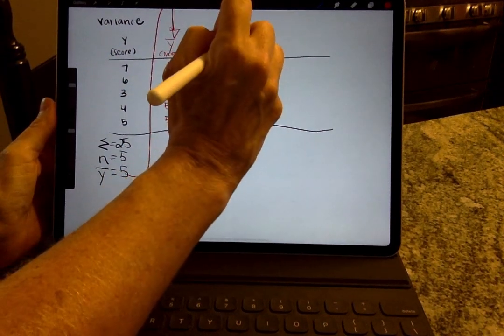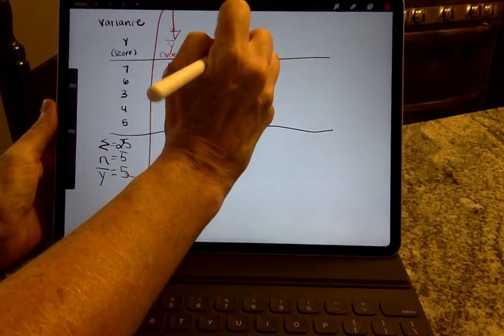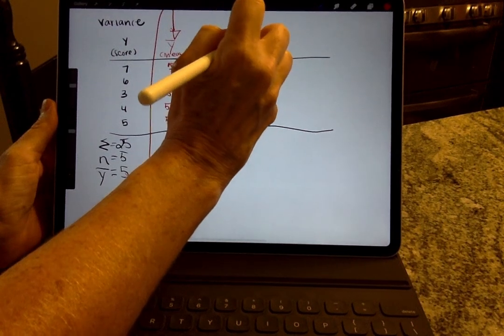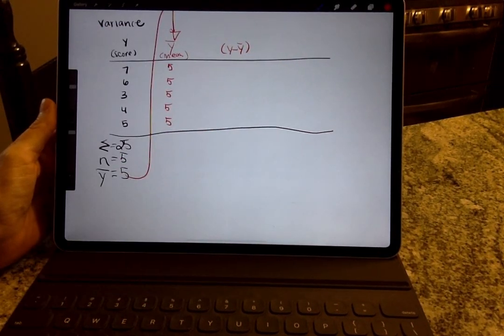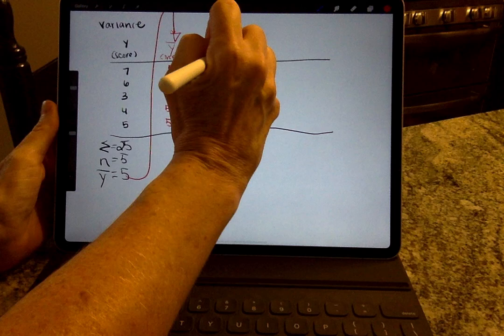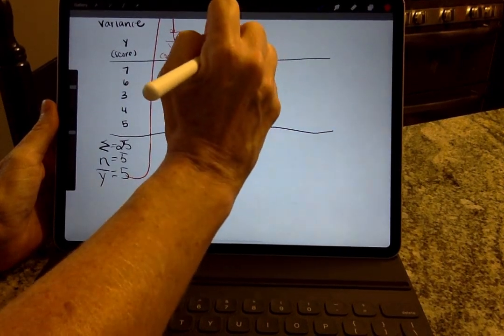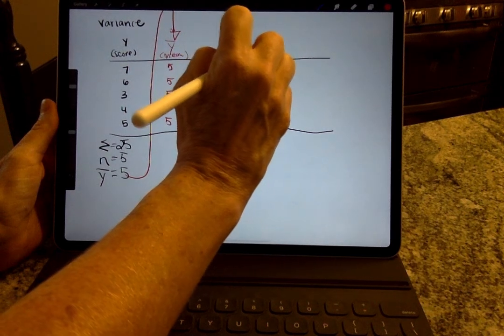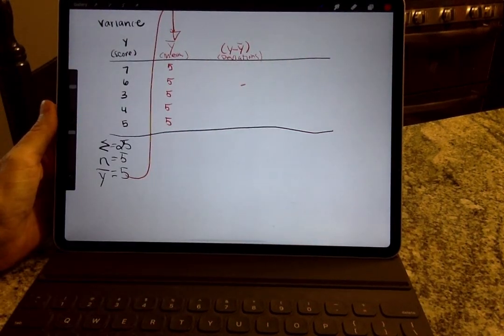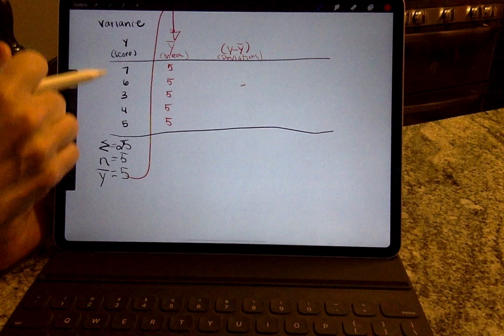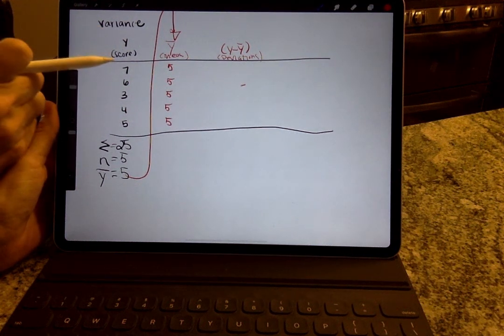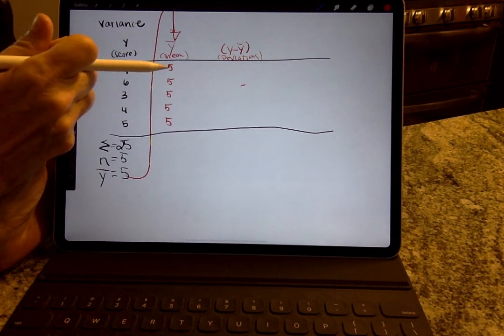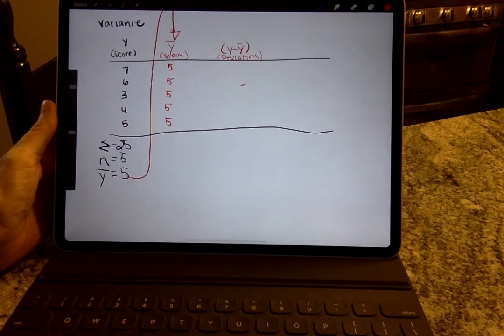All right, in our third column, we are going to take each score and subtract the mean. We call this column the deviations. So for each one of these 5 scores, we take the score and subtract the mean.